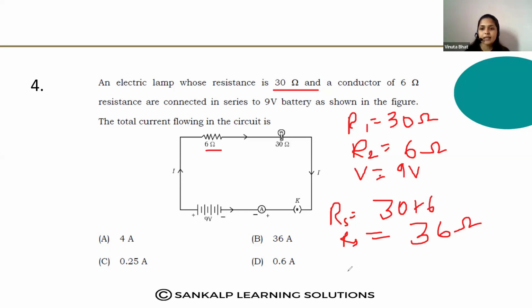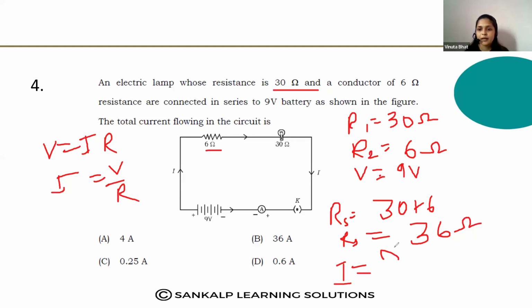So we know the R value and we have to find out the I value. V is equal to IR formula we have to apply. V is equal to IR, so I is equal to V by R. Already V is given, that is 9, and 36 is the value of R. Then 9 divided by 36.